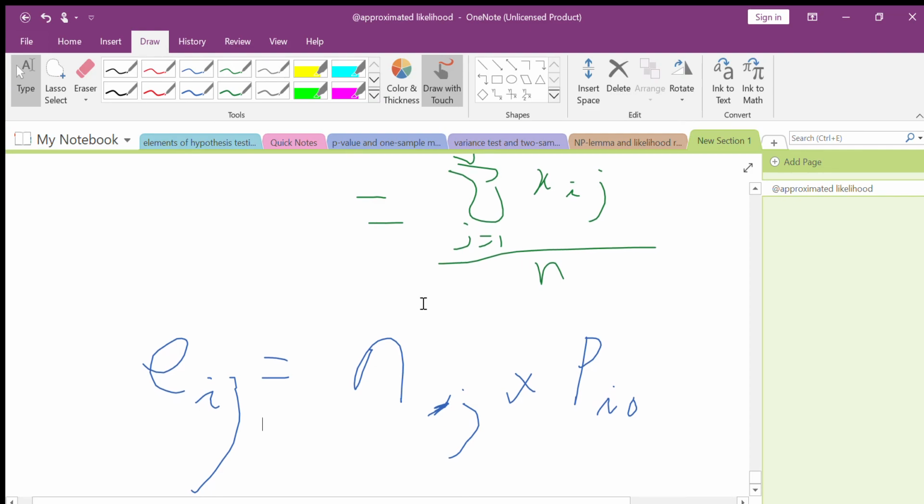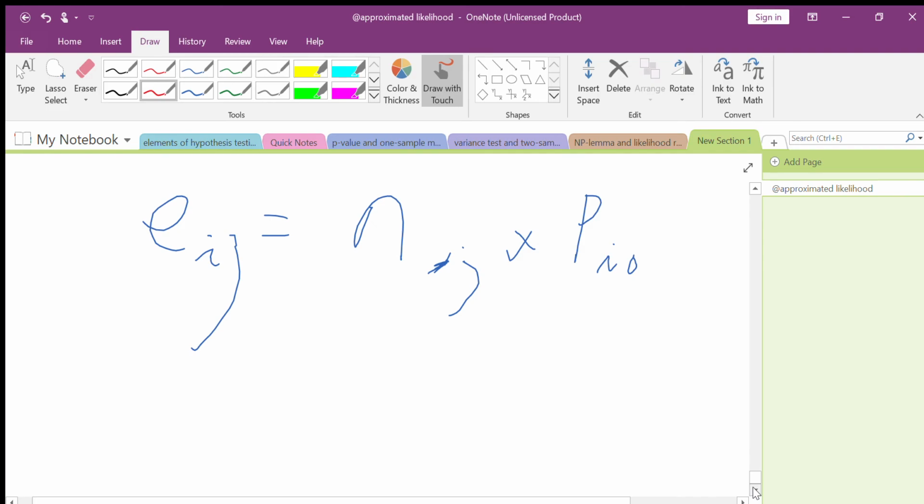So let's write it explicitly. n dot j is the summation over i from 1 to capital I of small xij.